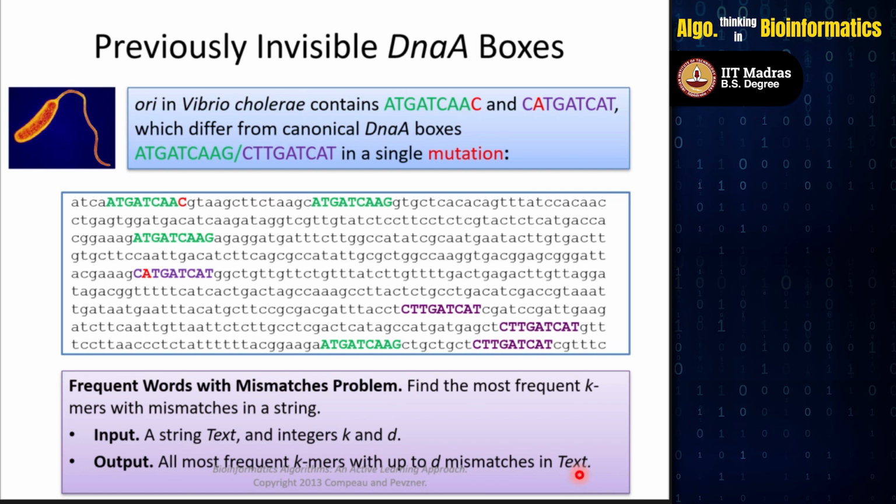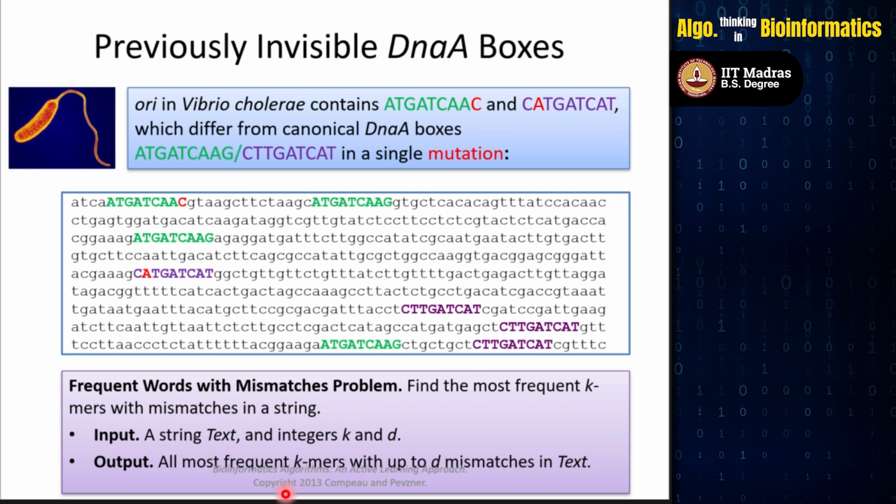Again, I would like you to think about it as an exercise: what is the algorithm you would come up with, and what will be the running time of the algorithm in big O notation? How will it depend on the size of text, k and d? That will be a good exercise for you. And again, this most frequent k-mers is defined like before.